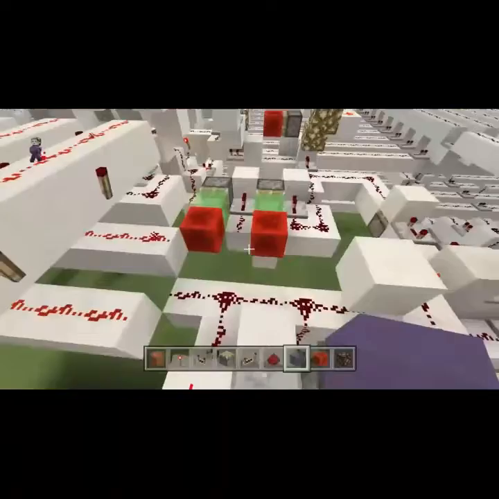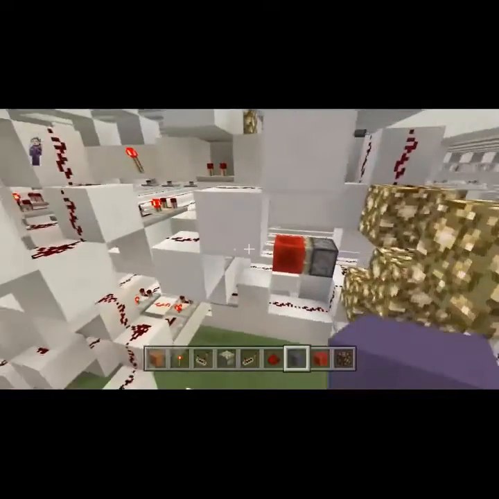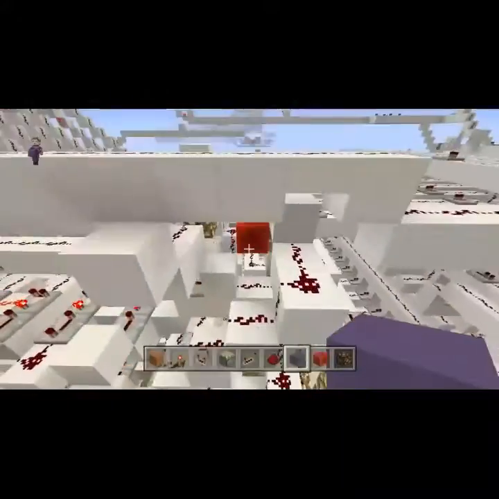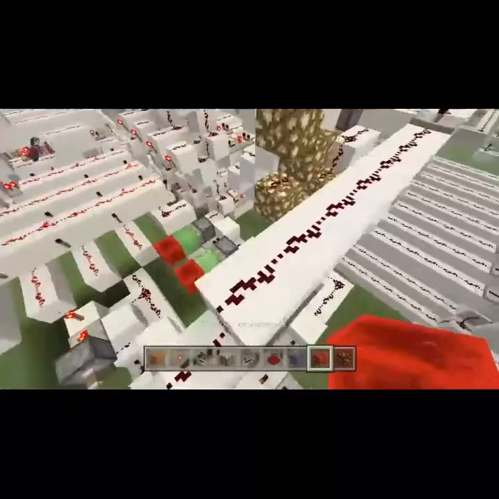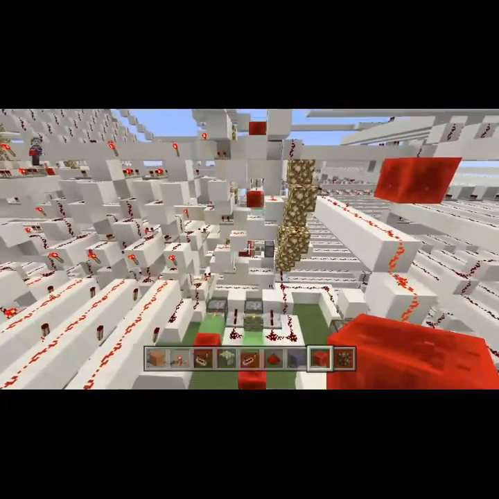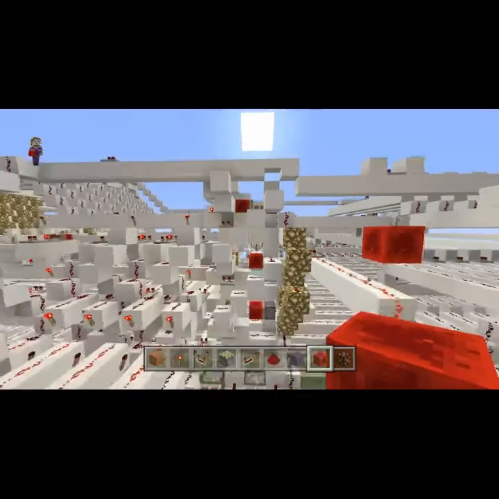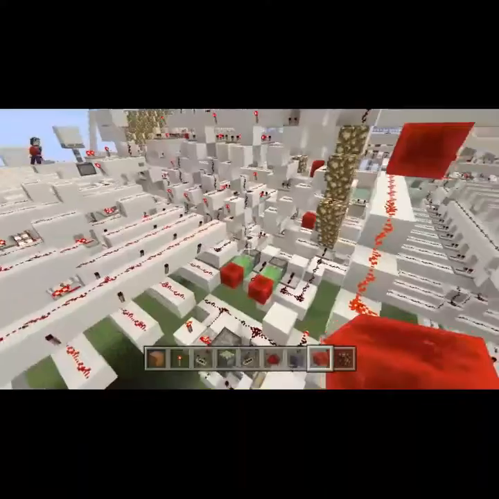How it works is it counts up to three, or technically four. It goes one, two, three, and then resets. And I can actually demonstrate that real quick just by placing a block there. As you can see, one, two, three, reset. And it completely stops.